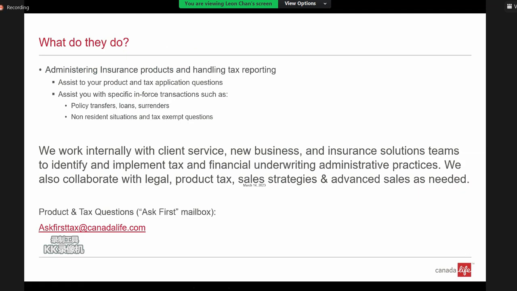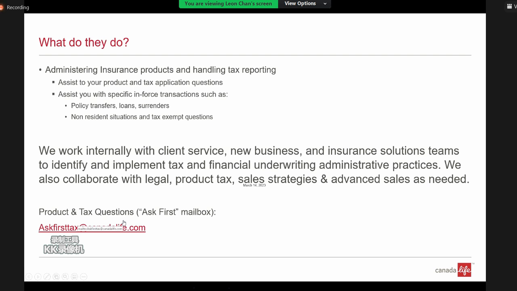The next thing I wanted to quickly discuss as a resource that we have is our Ask First Tax mailbox. That's the Ask First Tax at canadalife.com mailbox down here. This mailbox is run by a group of CPAs over at head office, and they primarily deal with in-force policies.